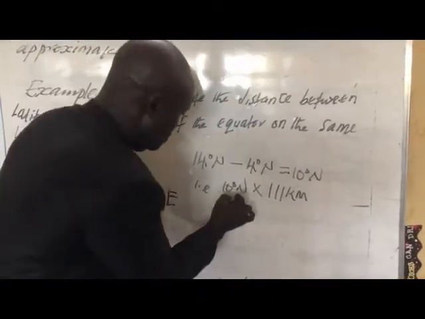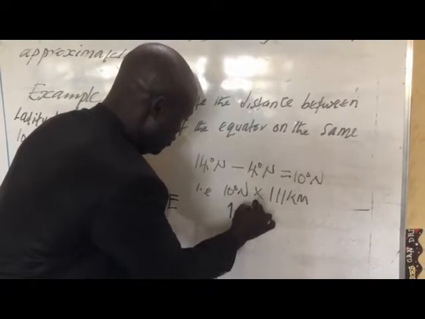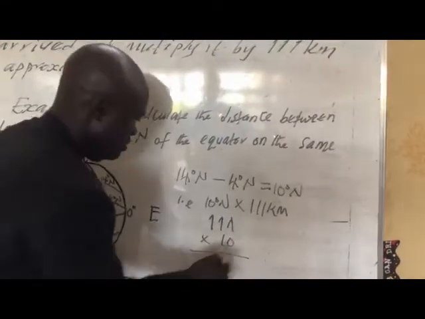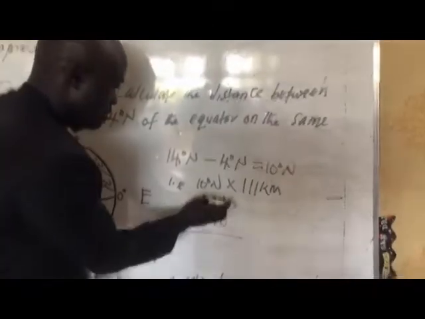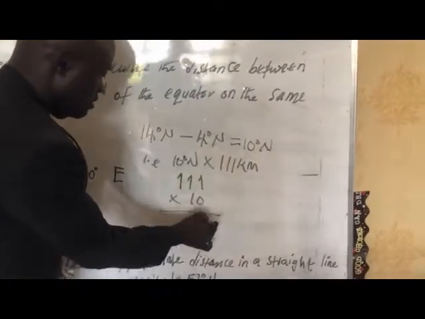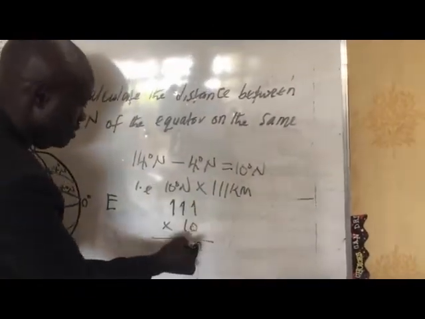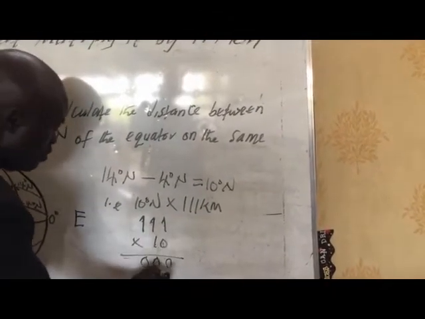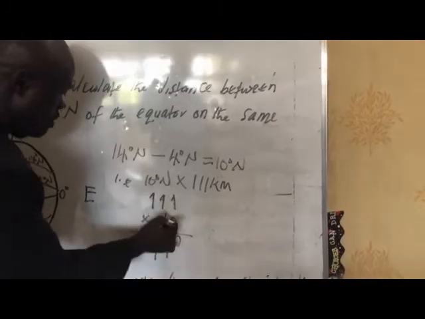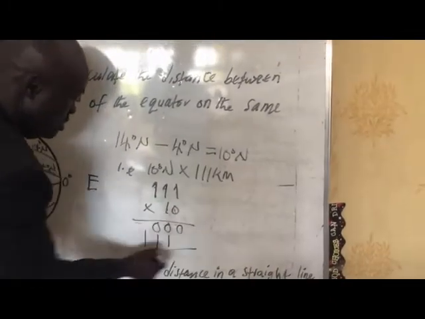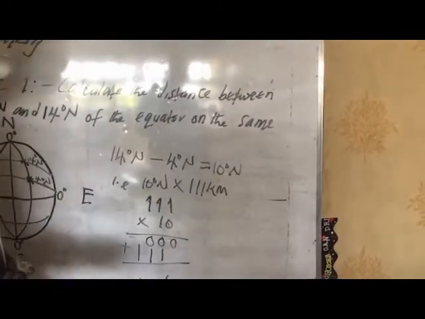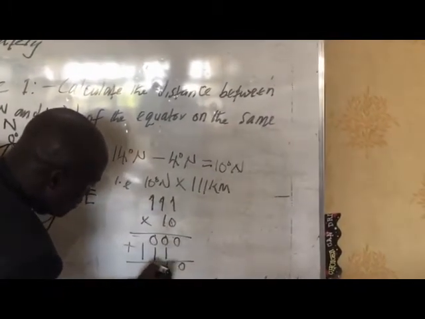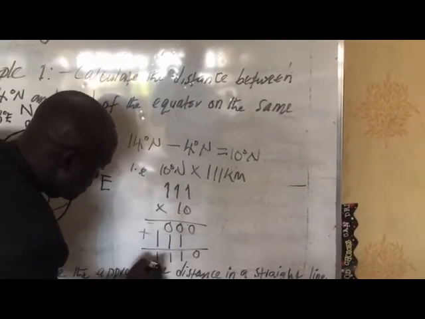It means 0 times 1 is 0, 1 times 1 is 1, 1 times 1 is 1. This same way, we add. Here we are going to sum it all. We have 0, 1, 1, 1.